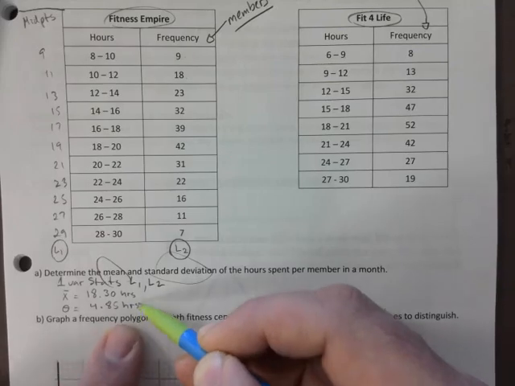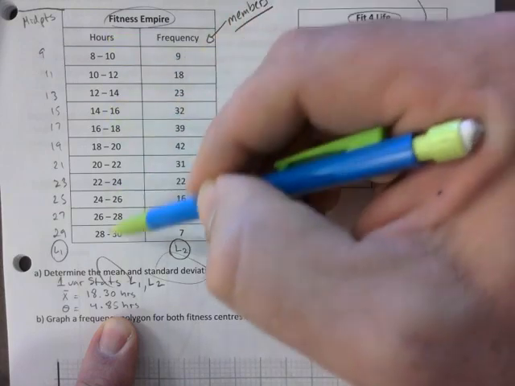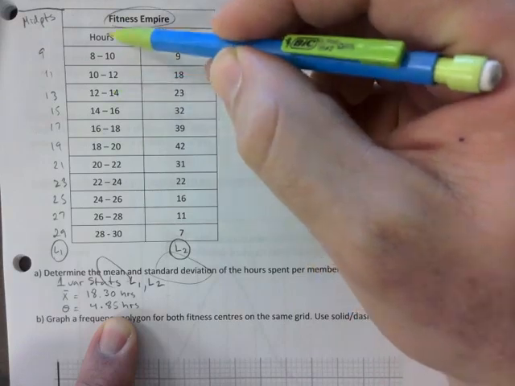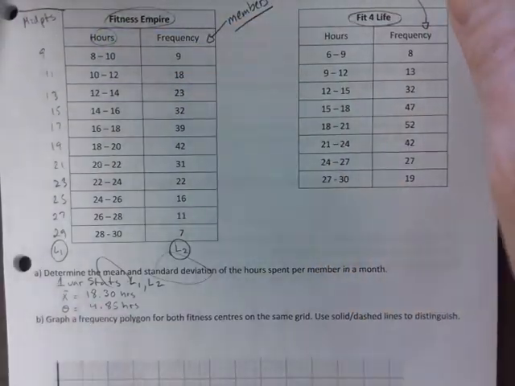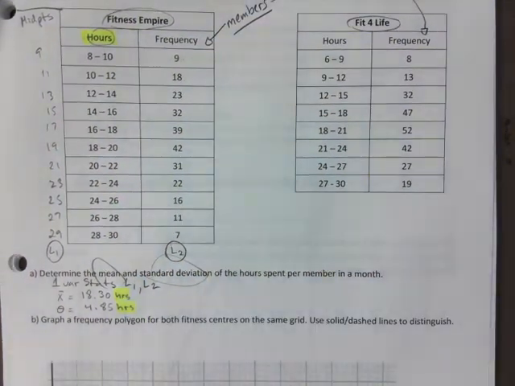How do we know this is hours? Because it's based on this column right here, right? This is how many are in each category, but it's always, this is the unit. This is the unit that follows, right? So we find that. All right. My key doesn't, I forgot to write down what N is.